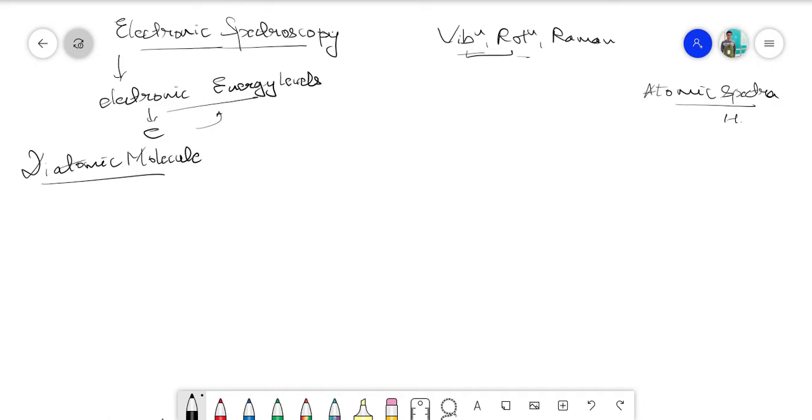Now, let's say a molecule is H2. Now, using the Born-Oppenheimer approximation, we can separate all the energy levels.